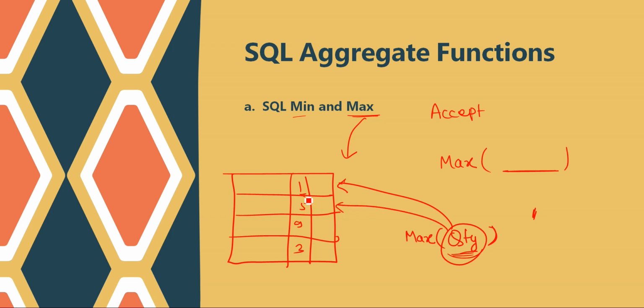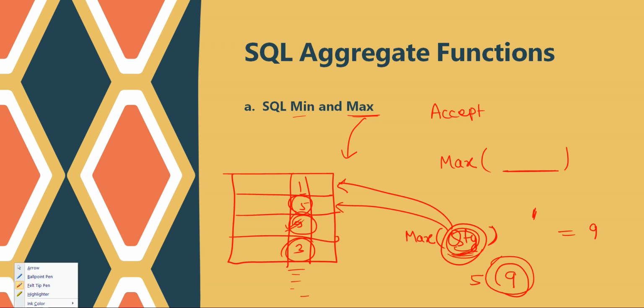If the second row has a greater value, it is going to update the maximum as 5. Then again 9, so that becomes the maximum. Then 3. All of them are going to be evaluated one by one, and whatever the maximum value it sees, it is going to return that value. So in this case, it is going to return 9, because this is the maximum value of quantity, right?